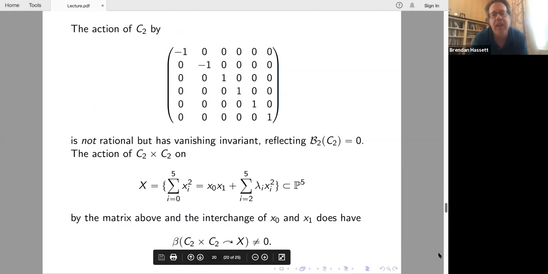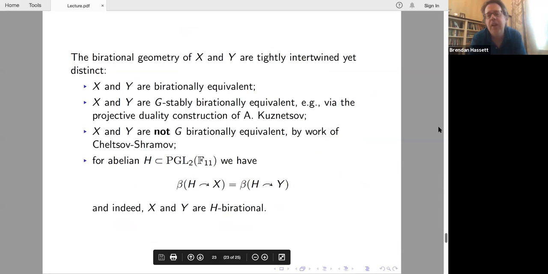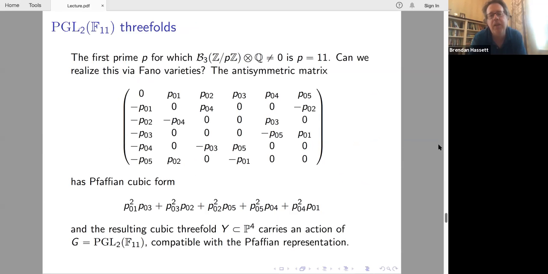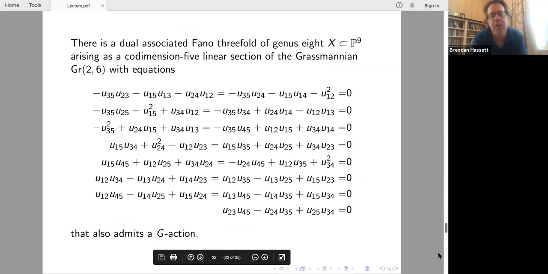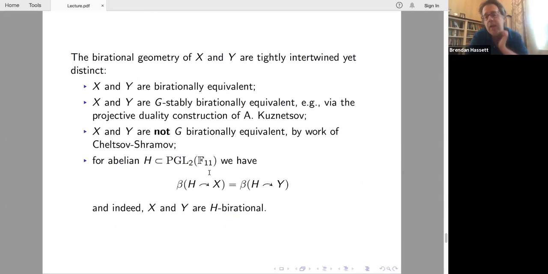Unfortunately, that's not the case. We dutifully computed the fixed points for the equations here and here under the action of order 11. And we saw that the Kontsevich-Pestun-Tschinkel invariants are equal on both sides.